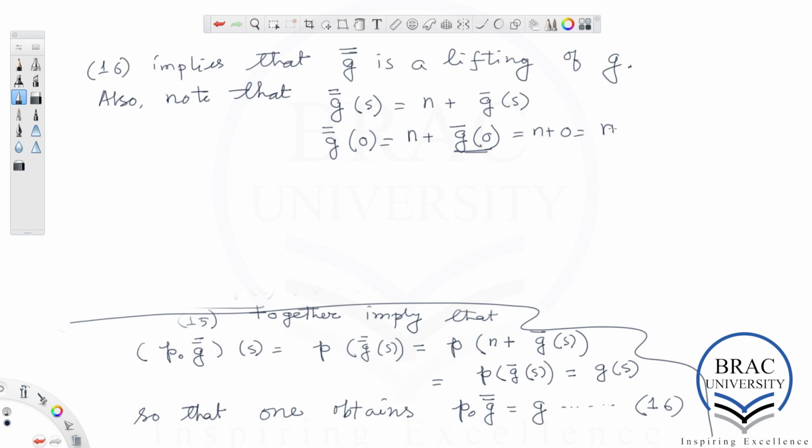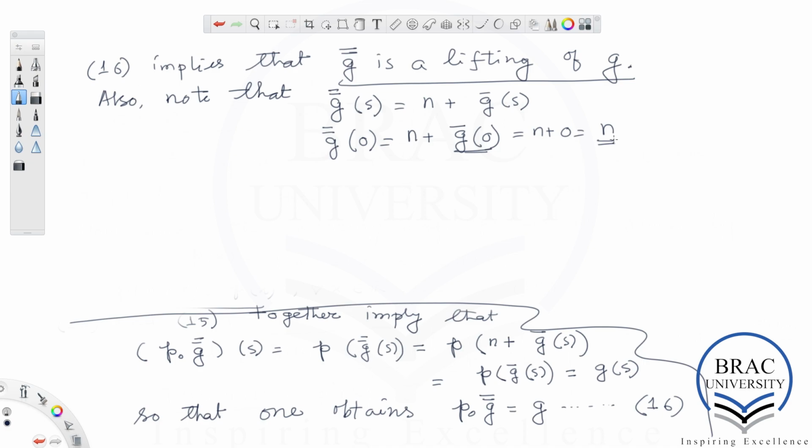So although we are finding another lift, G double bar, of the same loop G, it's not violating the statement of lemma 1, since the starting point of this second lift G double bar is n, which is different from 0. Okay, good. So we just found a lifting of G that starts at the point n of the set of real numbers.